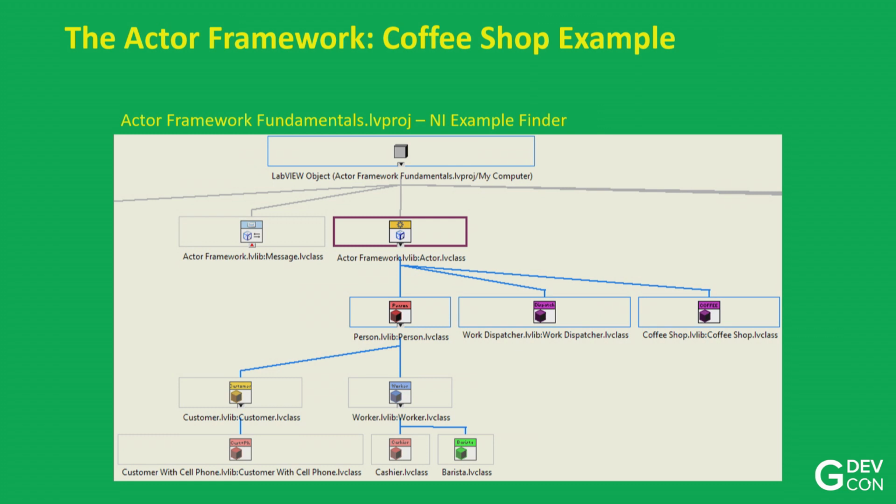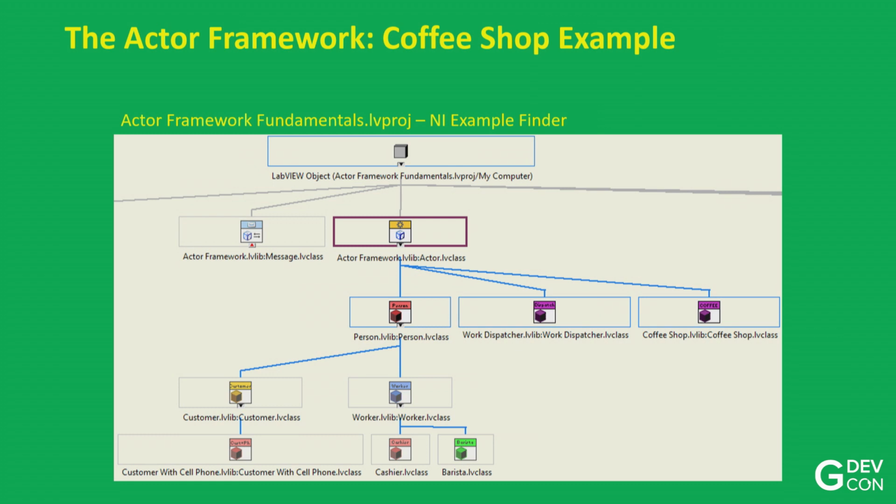And then we have customers. Customers, for the most part, are very nice. They walk in, they get their coffee, and they leave. Others are a bit rude, and they might go in with their cell phone. So we have the option here of creating a customer who's nice, or creating a customer with a cell phone.